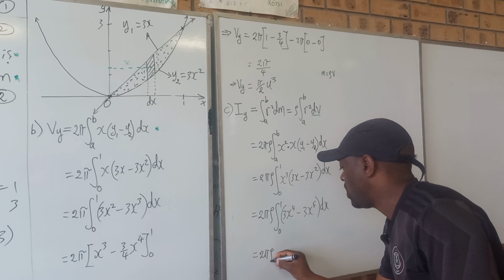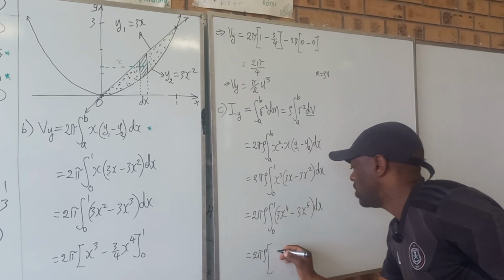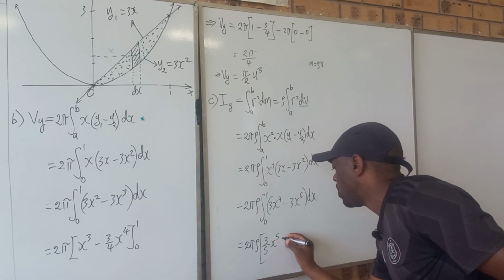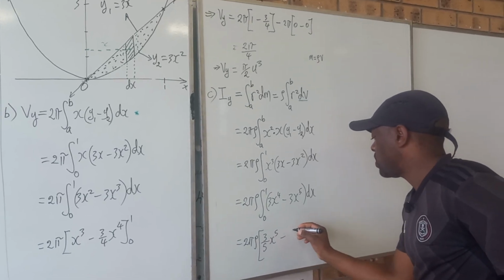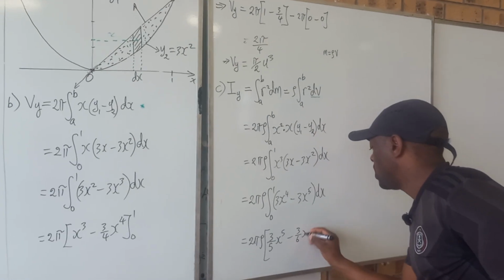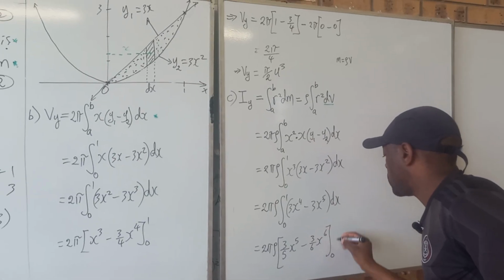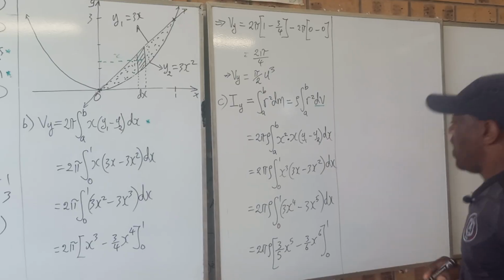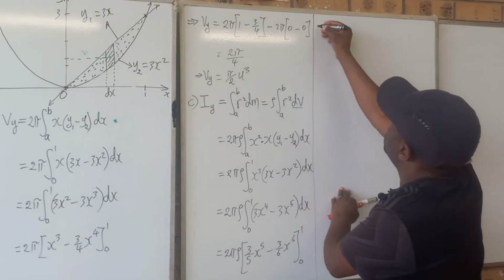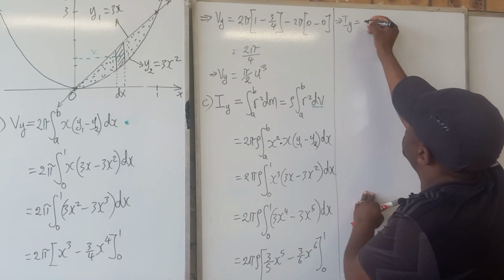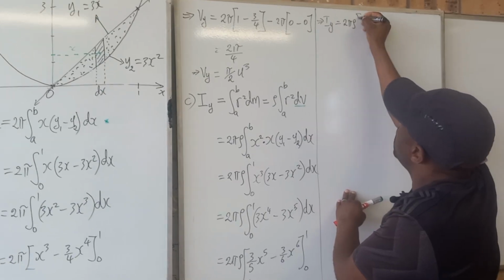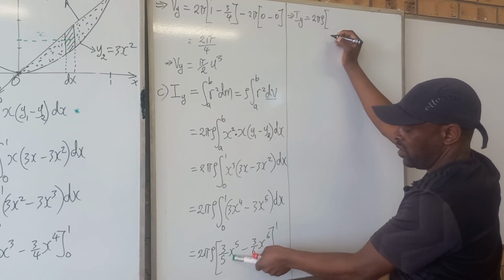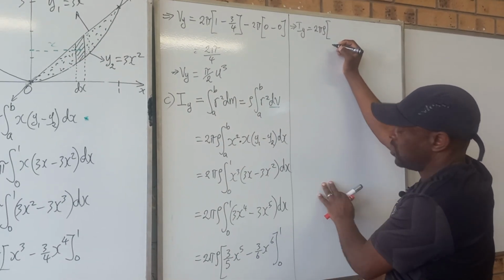So I get 2 pi density. If I integrate the first term, it will give me 3 over 5 x to the power 5 minus 3 over 6 x to the power 6 from 0 to 1. So that is it. Then we substitute our limit. Starting from the upper limit, I get my 2 pi density. If I put my upper limit, which is 1, then x to the power 5 and x to the power 6 will be 1 each.